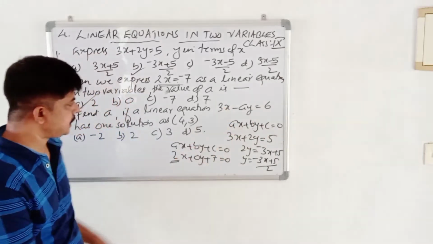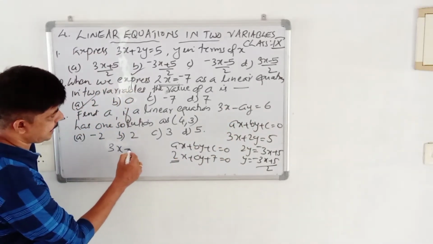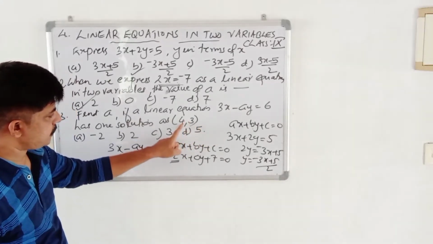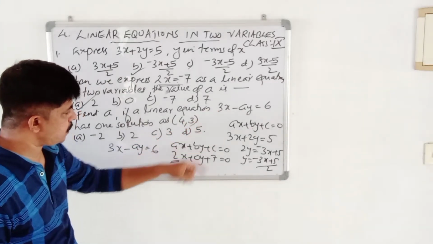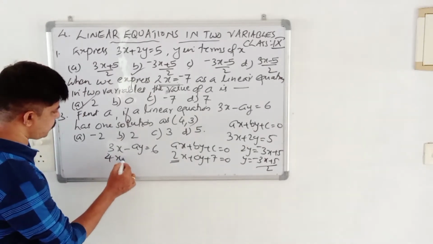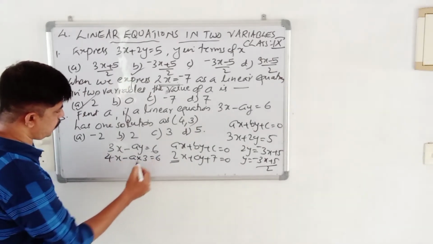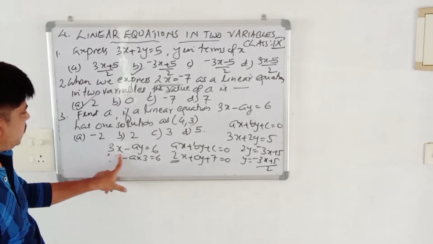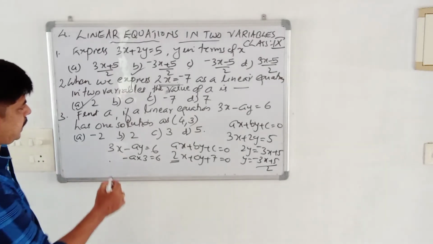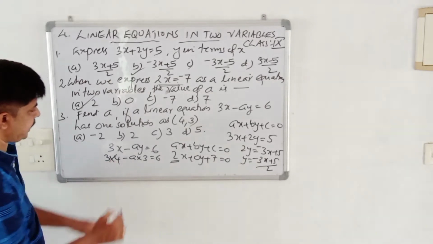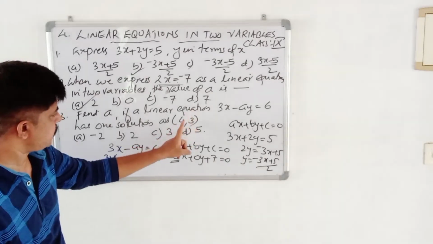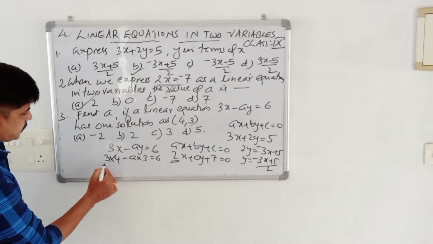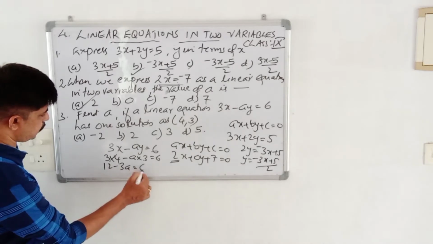Now let's substitute in 3x minus ay equal to 6. We have to substitute x by 4 and y by 3. Therefore, 3 into 4 minus a into 3 is equal to 6 on the RHS. 12 minus 3a is equal to 6.